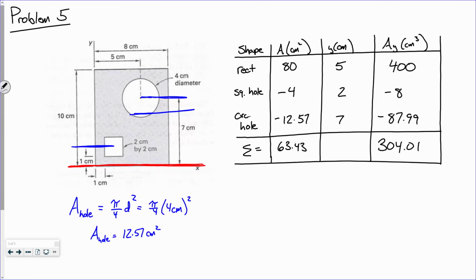So Y bar is the sum of AY's over the sum of A's, which is 304.01, and the units are cubic centimeters, over 63.43, and the units are square centimeters.